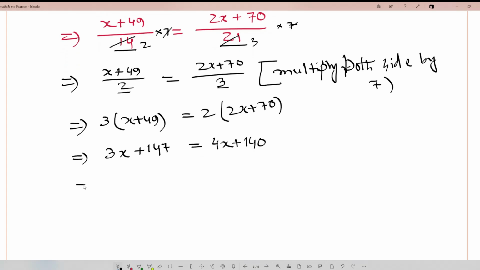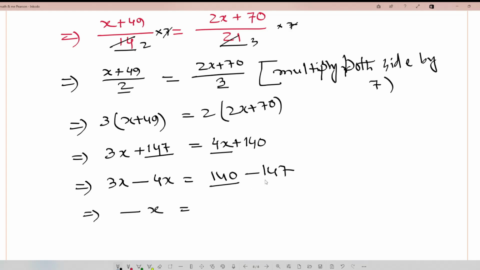Now look, 3x and this 4x become minus x, and 147 moves across. So minus x equals 140 minus 147, which is minus 7. So x equals 7, and this is our answer.